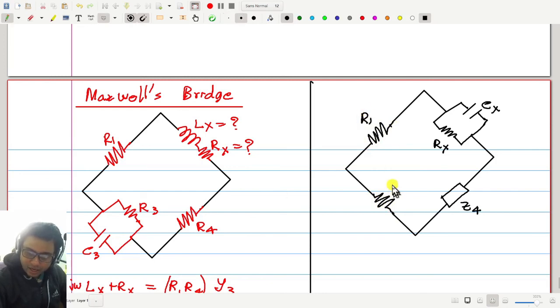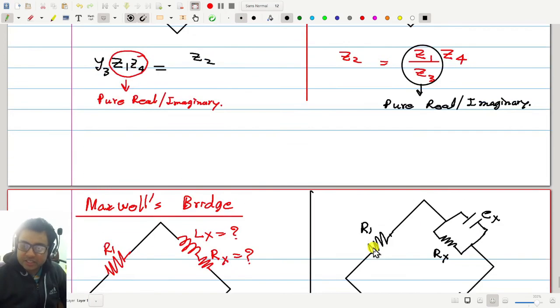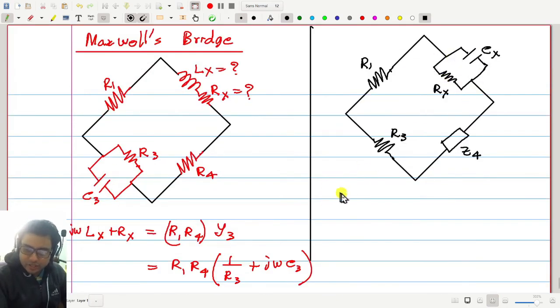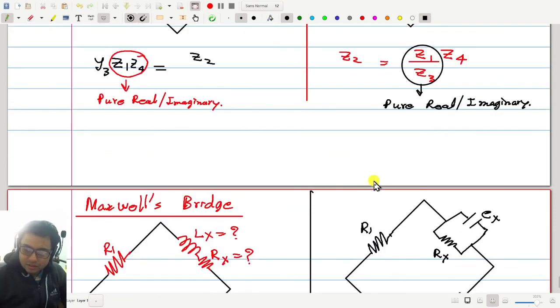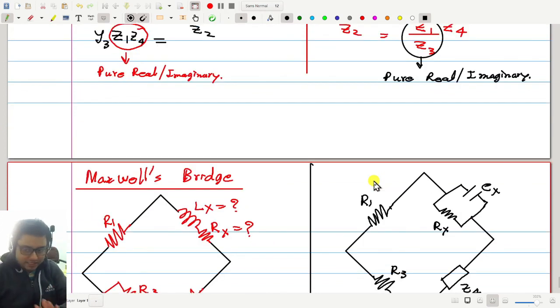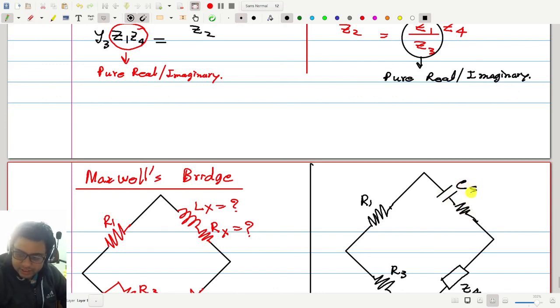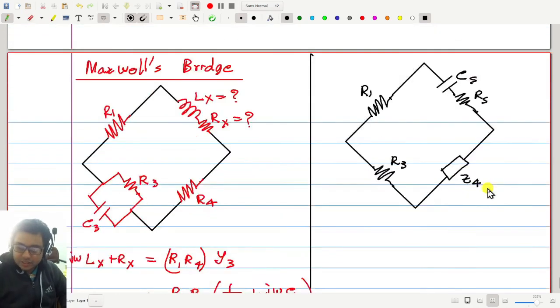R1 and R3, and my balance equation is Z2. To make the illustration simple, let me choose to model my unknown capacitor as a series combination of Rs and Cs.